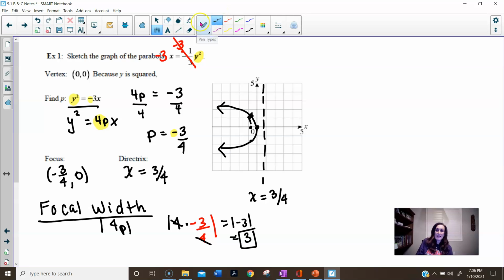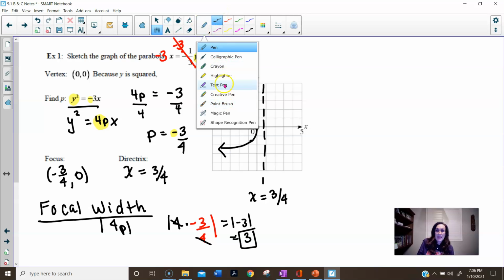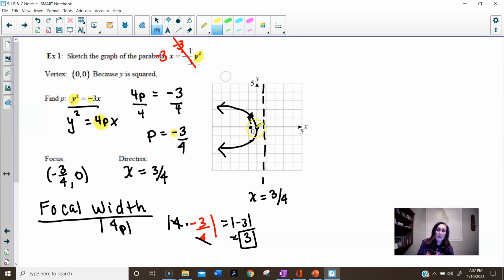The reason why it's called the focal width is because it is the width at the focus. So here's the focus, here's the width at the focus, and that width happens to be 3. So the total length of this line here is 3 units. And now I've just graphed my conic.